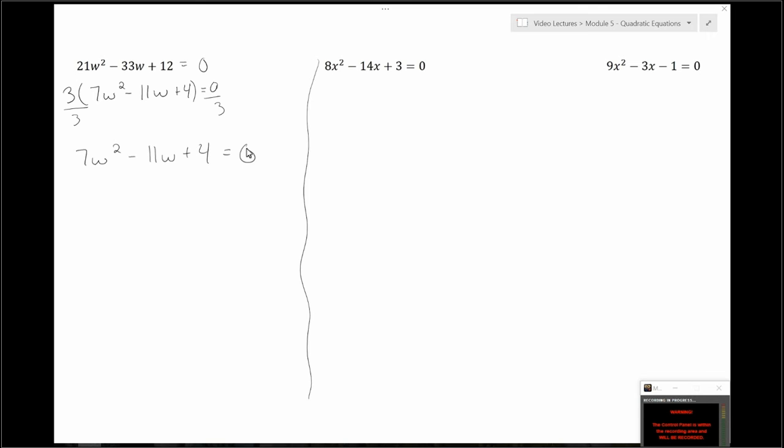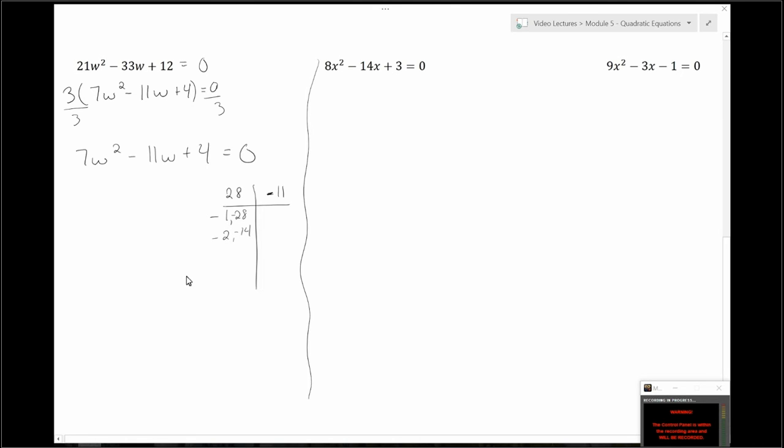Okay, so now that the numbers are a little bit smaller, we want to find 2 numbers that multiply to be 28 and add to be negative 11. If they're multiplying to be positive and adding to be negative, they're both negative. And so I'll go in order. I try 3, it doesn't work.